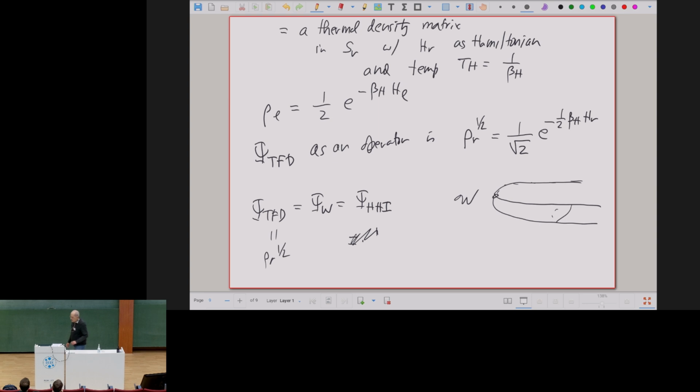So these are the two main conclusions. Two main conclusions are that the Hartle-Hawking-Israel state is thermal. The density matrix on the right-hand side is a thermal density matrix.